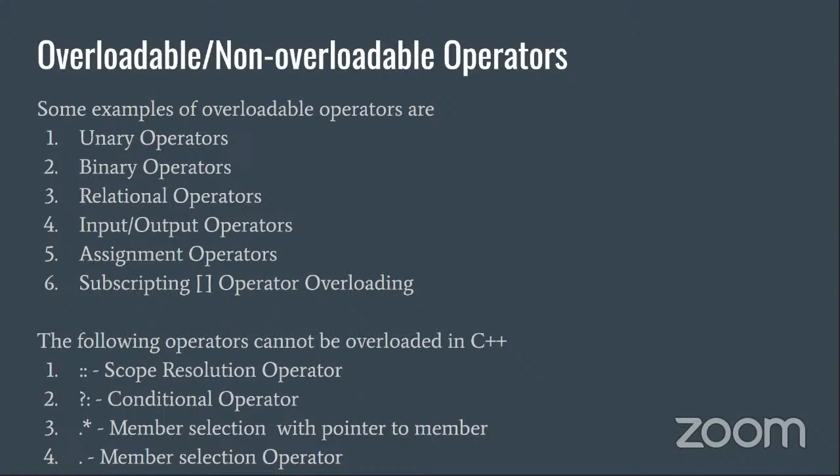Fourth is the member selection operator. This is also the same: overloading this operator can lead to the question whether the operation is made for the object overloading or for an object referred to by this member selection operator. Let's move to the next slide.